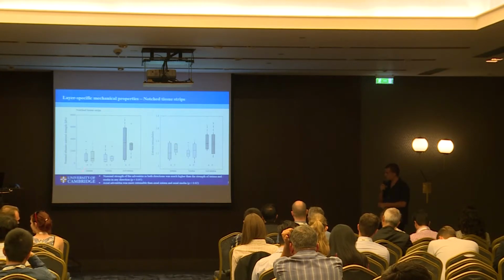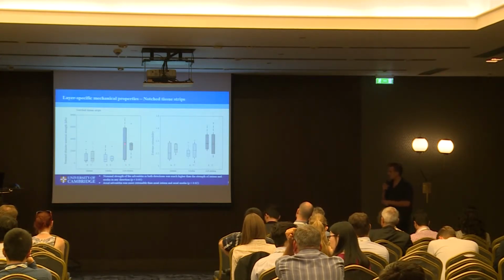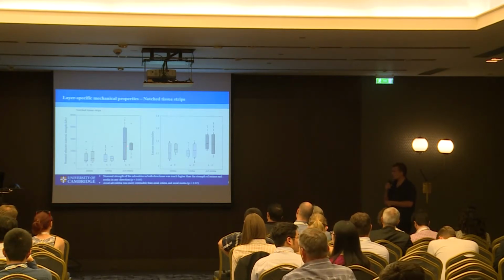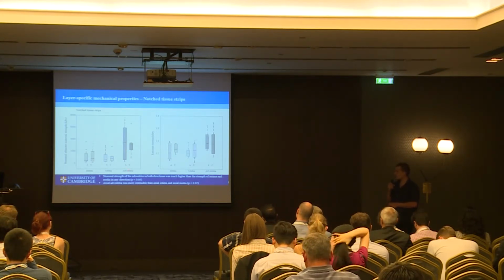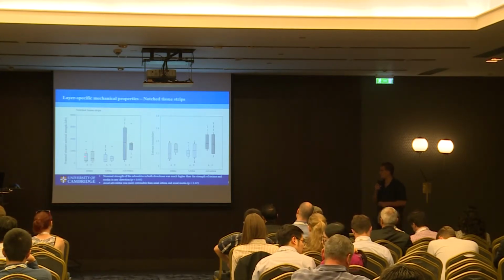You can see here, the intima is the innermost layer, media is the middle layer, and adventitia is the outermost layer. So this actually gave us an idea about why the adventitia remained strong in the presence of a structural defect with the notched tissue strips.